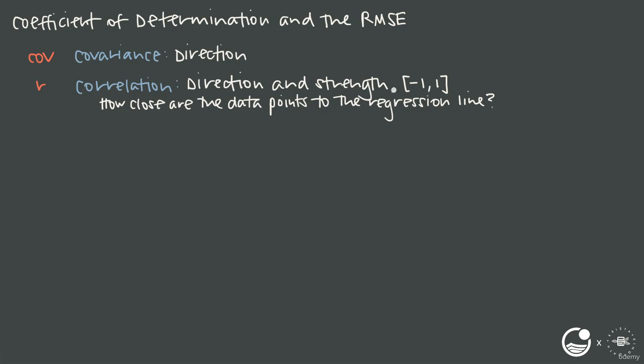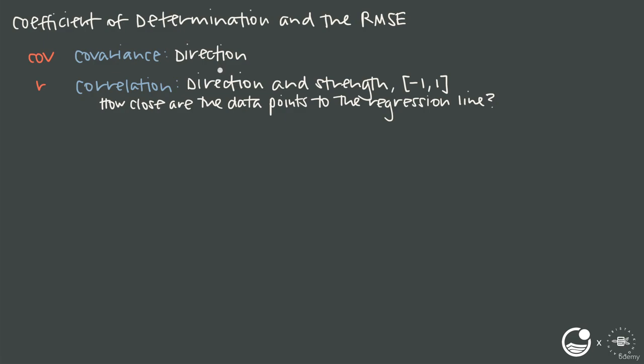So the relationship between x and y is as strong as it can possibly be in the negative direction, whereas a correlation of 1 would tell us that all of the points lie exactly on the regression line, and that the line has some positive slope. So again, the correlation is very strong and the direction is positive. It gives us an idea of how close the data points are to the line of best fit, in addition to some sense of direction.